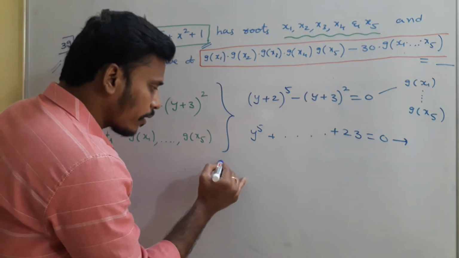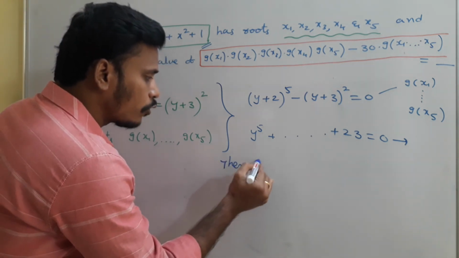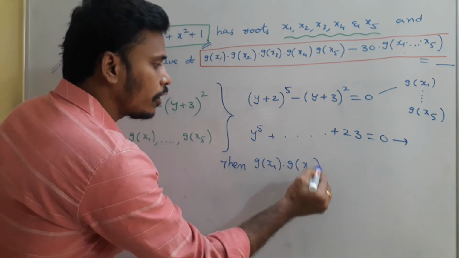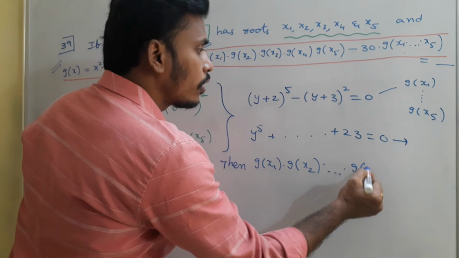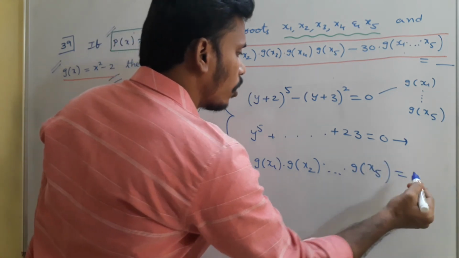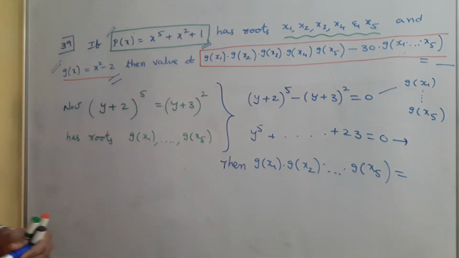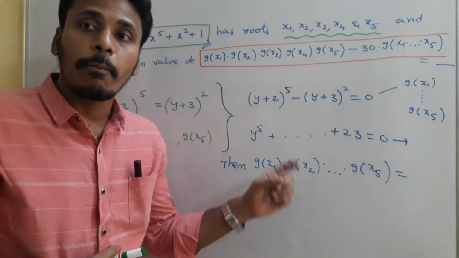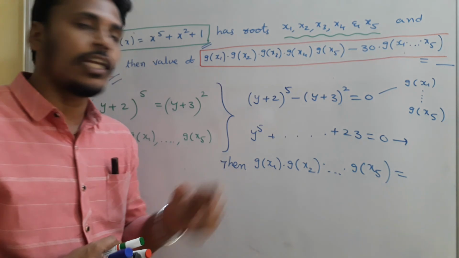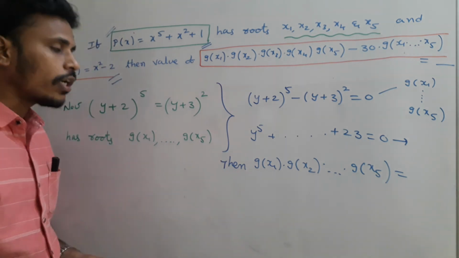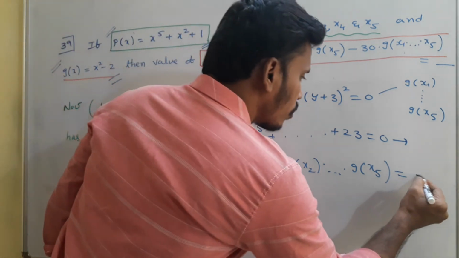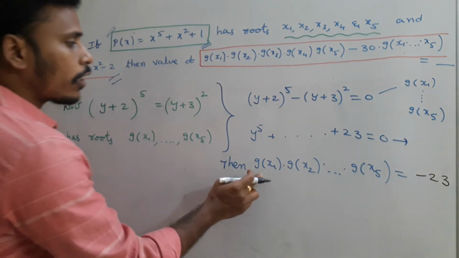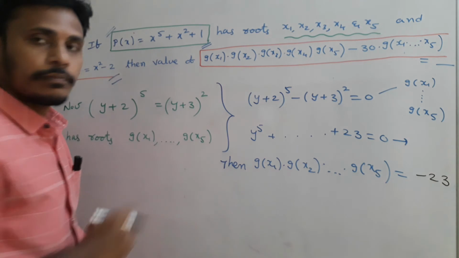From there, the product of the roots, g of x1 into g of x2 into and so on into g of x5, is equal to, since it is a fifth degree equation, minus of the constant by leading coefficient. Since it is 23, the product of the roots is minus 23. Is it right? So the product of all these numbers is minus 23.